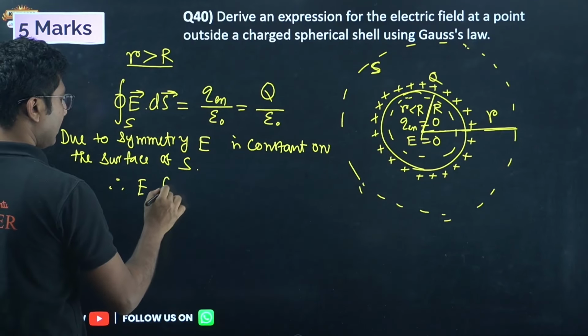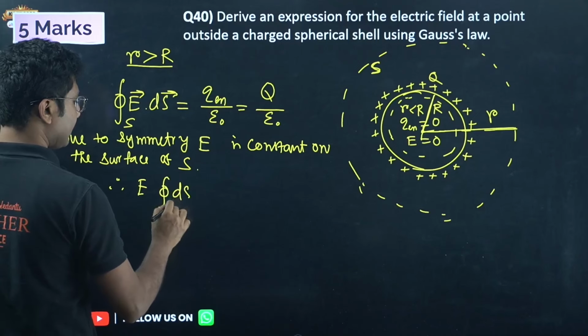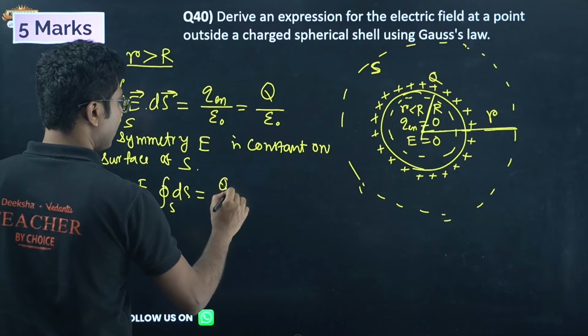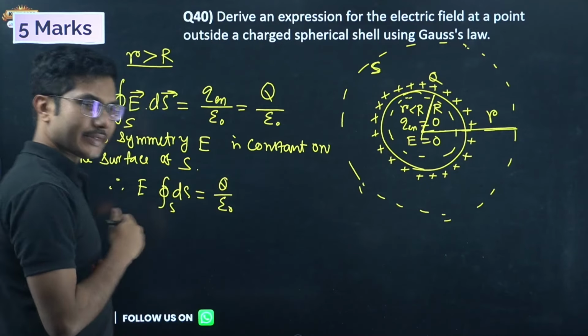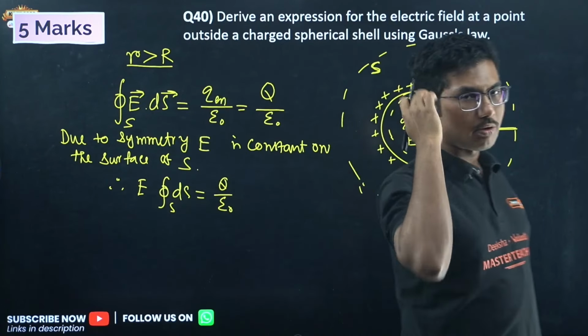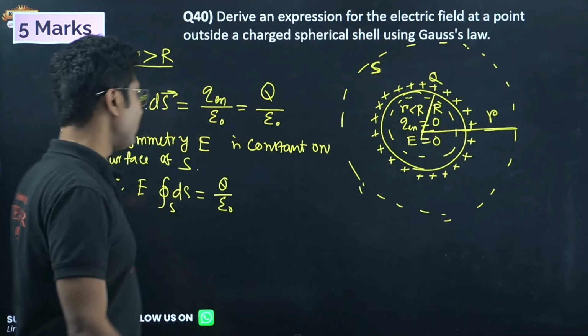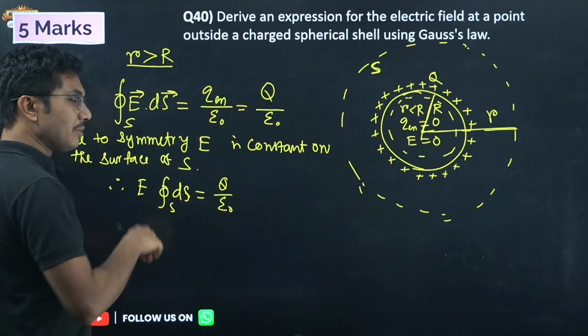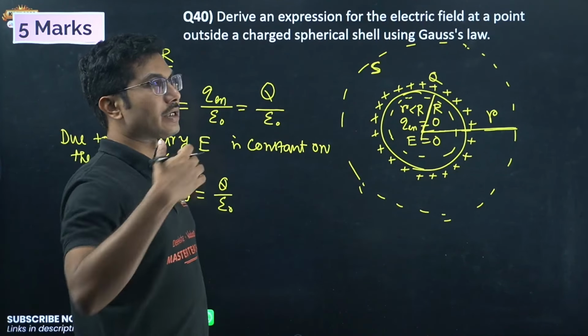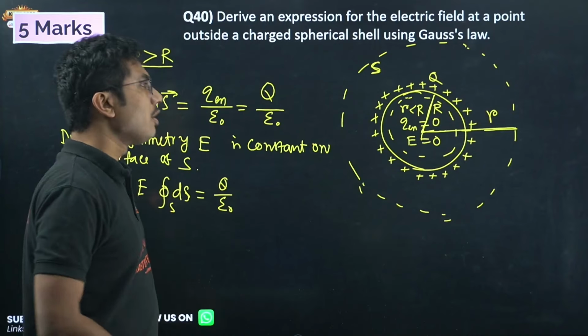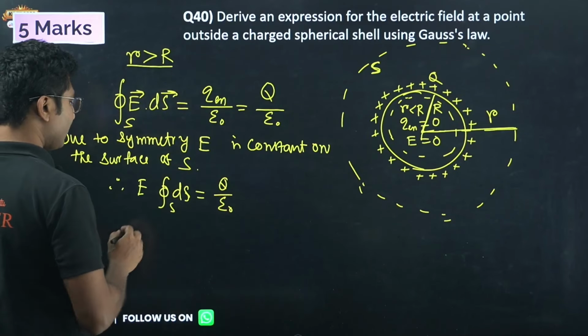So E closed integral dS equals Q by epsilon naught. What is closed integral dS? We have done it in the last problem also. Closed integral dS represents the total surface area. For a cylinder it was 2 pi r l, for a sphere it will be 4 pi r square.